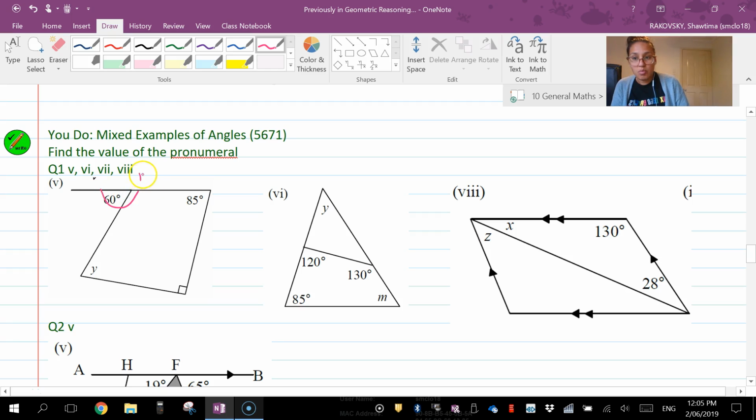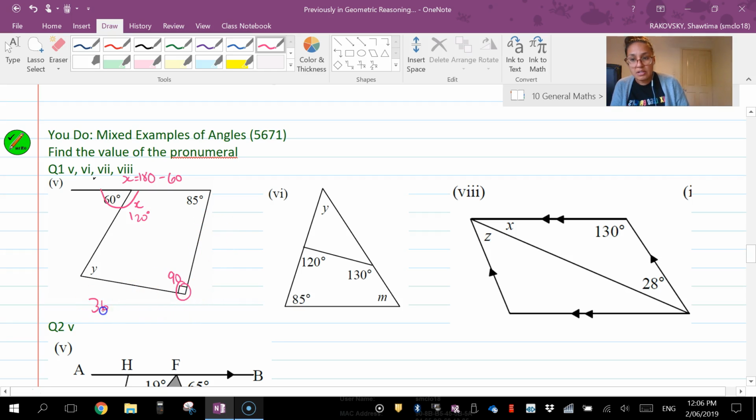So that's 180. So this angle, let's call it x. X equals 180 minus 60, I'll give you 120 degrees. This is 90 because of this symbol.